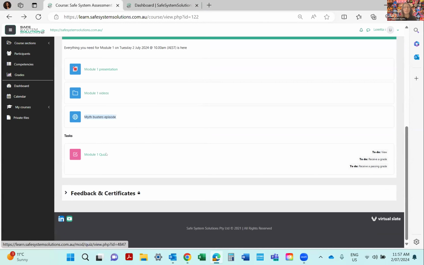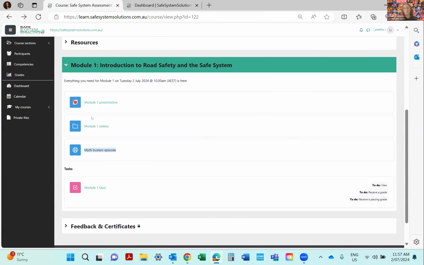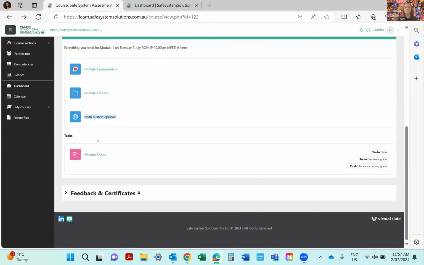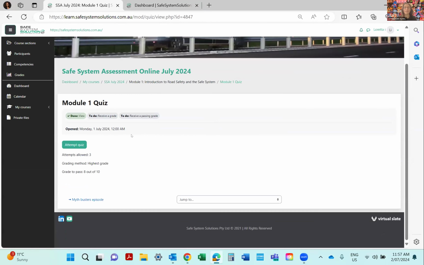But most importantly, what you do need to do to complete this module is a quiz. So under tasks, every module you'll view as the time comes. So module 2 will be available in the next couple of days for Thursday. But you do need to complete the quiz. So simply clicking on attempt quiz and answering all of the questions listed here.